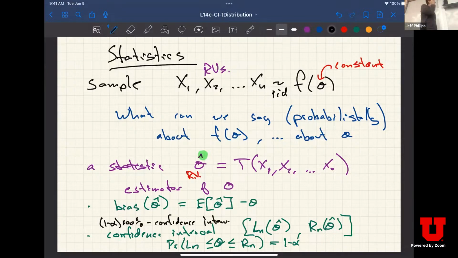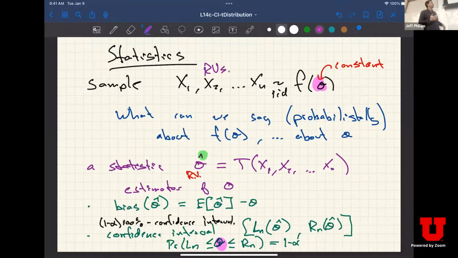All right, and what's important to realize, again, is that theta is this constant value. So theta is the value that is constant, and the probabilistic part is the Ln and the Rn. Both of those have probability distributions, and so the probability is based on the Ln and the Rn, which again are random variables.